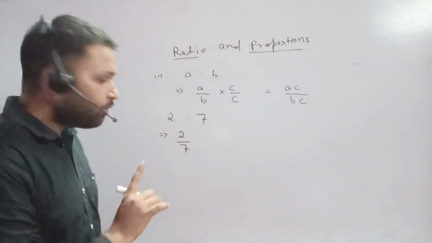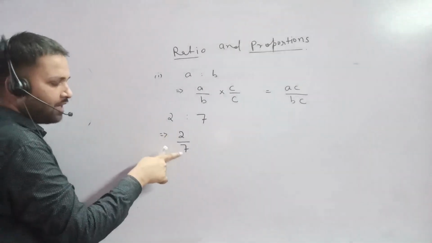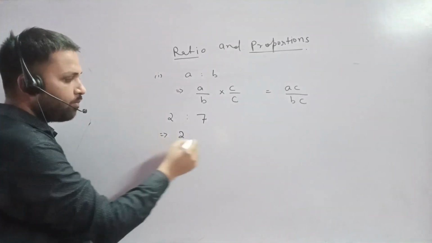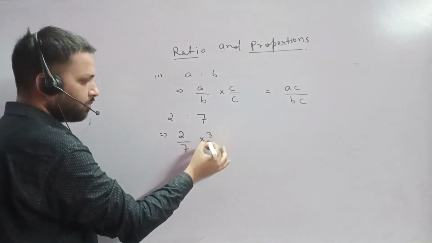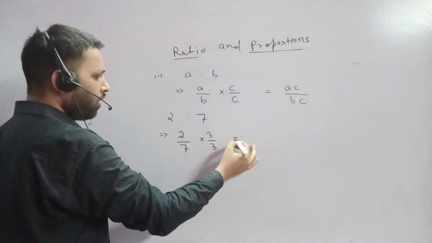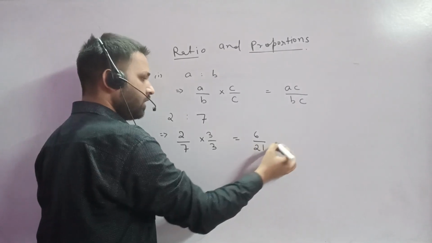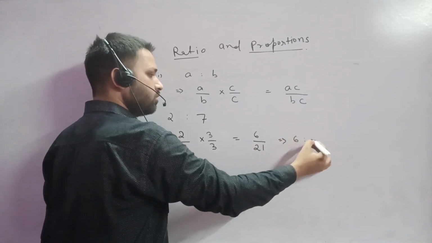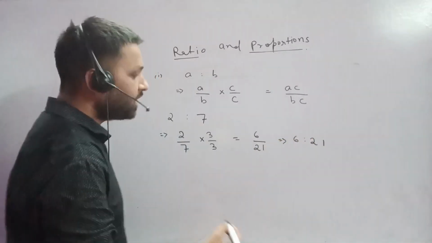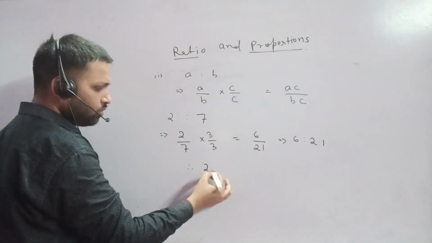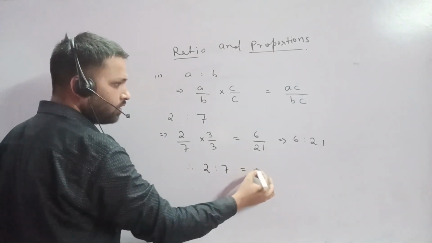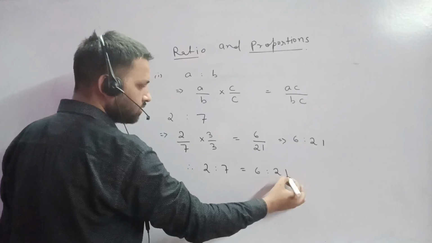If we multiply the numerator and denominator by 3 by 3, we get a new number, 6 by 21, that is 6:21. Then we can say that 2:7 is equal to 6:21.